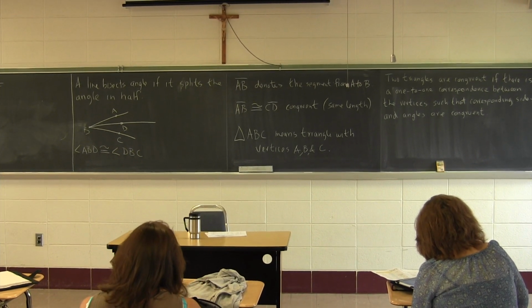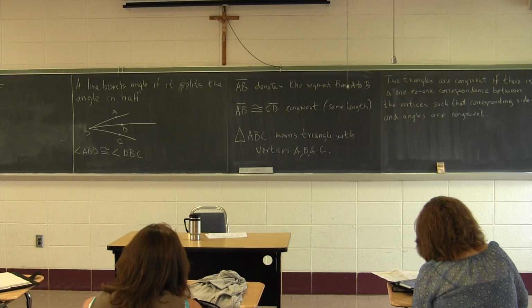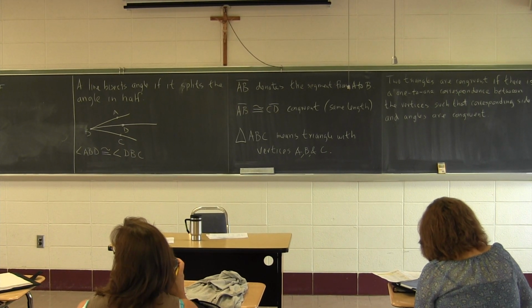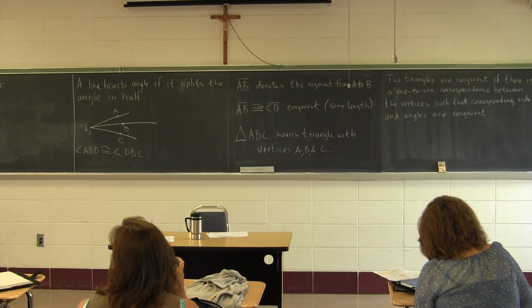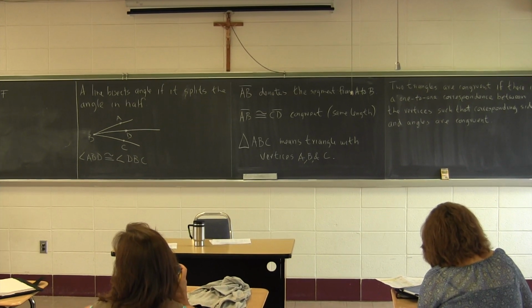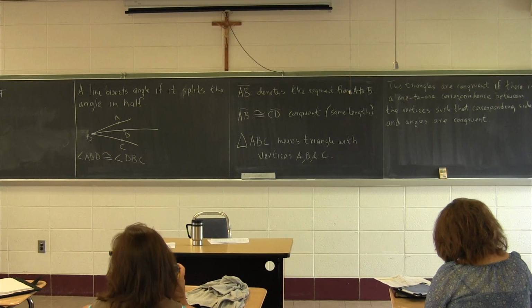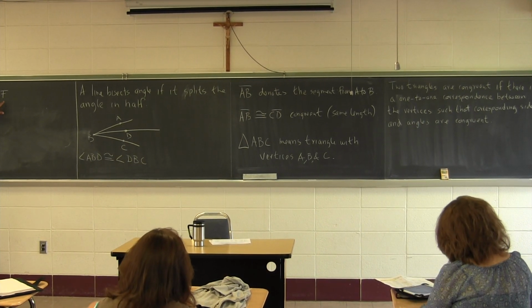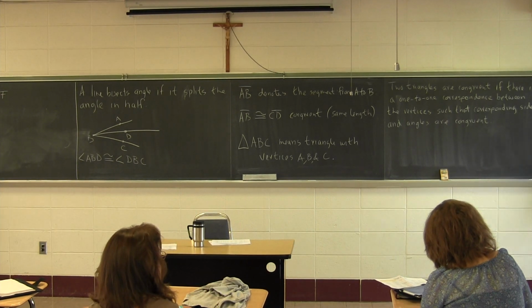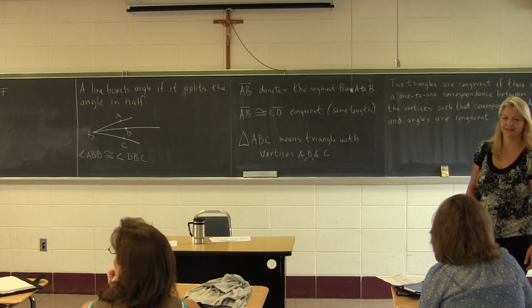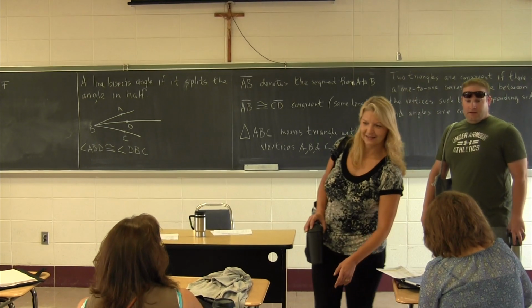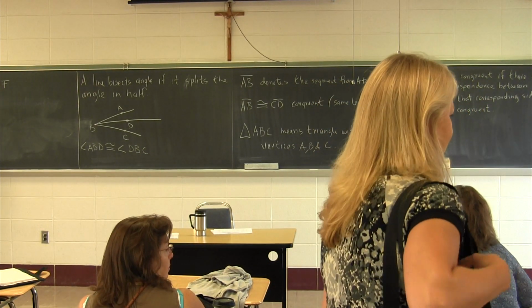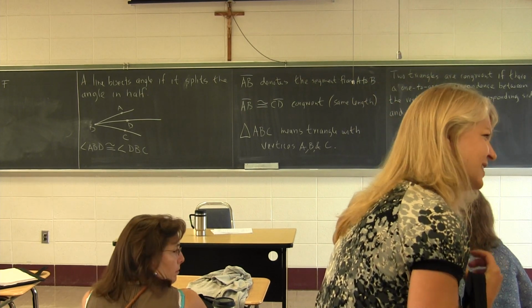So this notation means that the triangle ABC is congruent to the triangle DEF, but it says more than that. This means that the vertex A corresponds to the vertex D, the vertex B corresponds to E, and C to F. And more than that, it says that the segment AB corresponds to the segment DE, the segment BC with EF, and the angles are also corresponding.